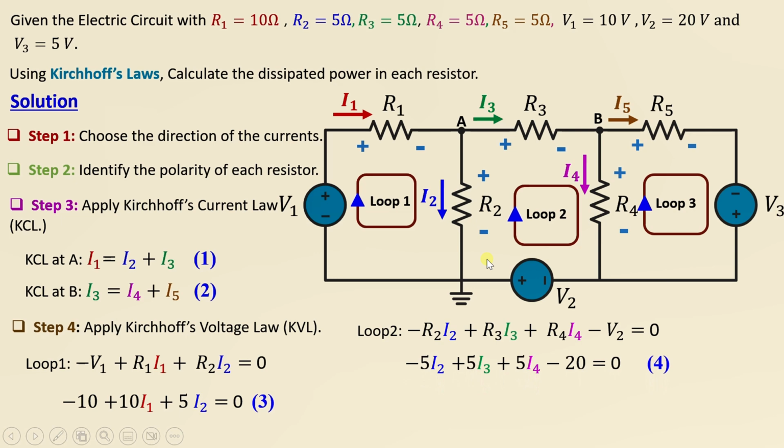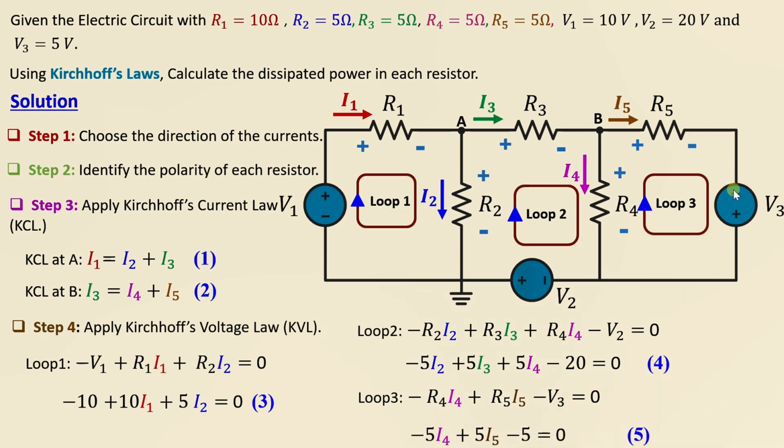We go now to loop 3. We have negative R4 I4 plus R5 I5 minus V3 is equal to 0. Finally we obtain negative 5 I4 plus 5 I5 minus 5 is equal to 0.